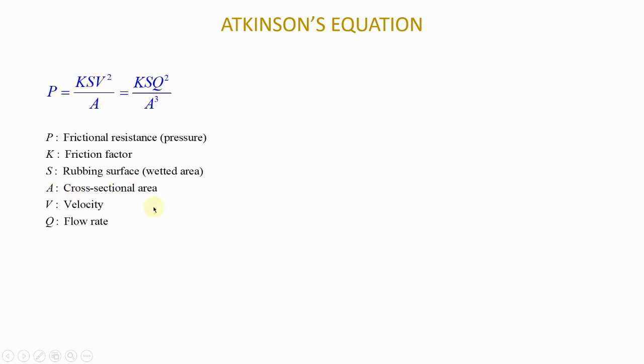A is quite easy to get because it's a cross-sectional area, but when it comes to S, sometimes people get confused. And so I just want to show it to you and explain it very easily so that you never forget and never struggle with it again.